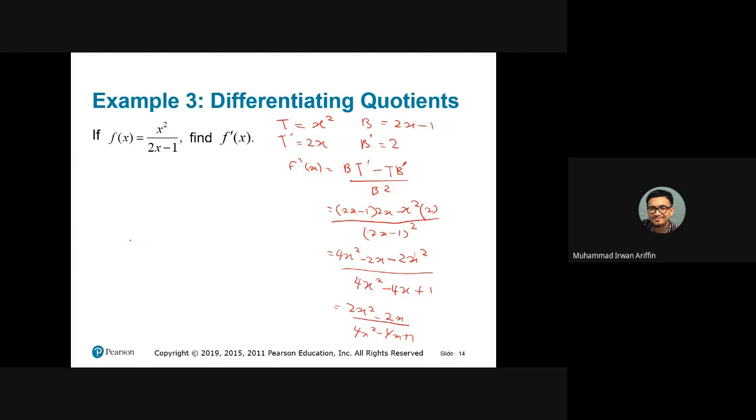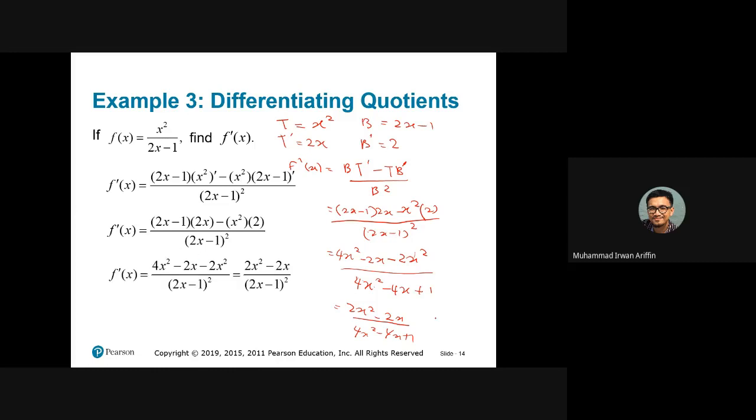Otherwise, just leave it as it is. Even in the example, leave the answer like this. In fact, although this one we can simplify further, right? 2x times (x minus 1) divided by (2x minus 1) squared.